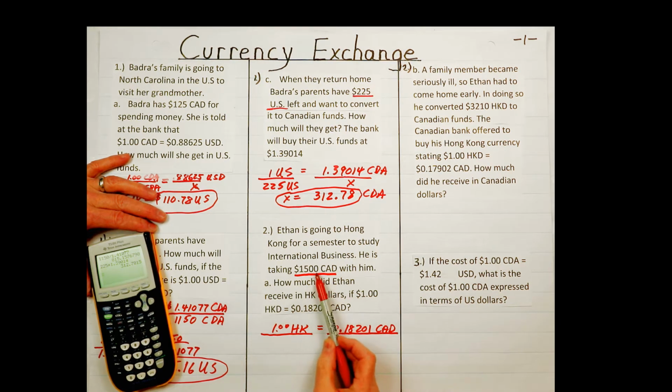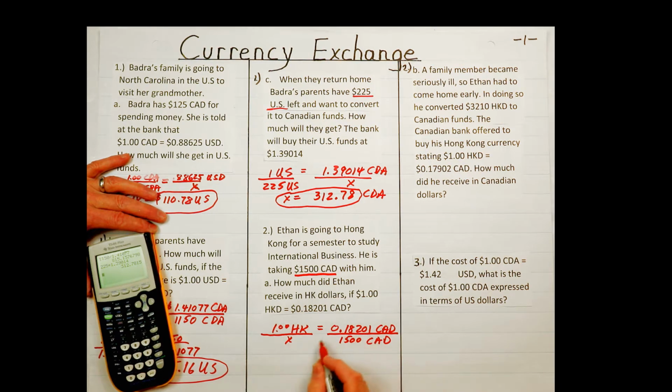So how much is he taking? He's taking $1,500. We have to put this amount with the Canadian quote. So decimal 18201 is Canadian. So underneath that, we're going to put 1,500 Canadian. And over on the Hong Kong side, we'll put X because we're trying to find the number of Hong Kong dollars he will get.